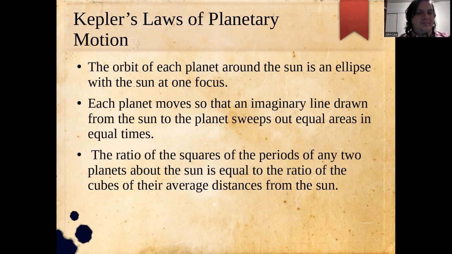So the first two I can go over graphically. The third one is just an observation that Kepler made when he was looking at the periods of different planets, which states that how long it takes to go in a complete orbit around the sun, the square of those periods is equal to the ratio of the cubes of their average distances from the sun.